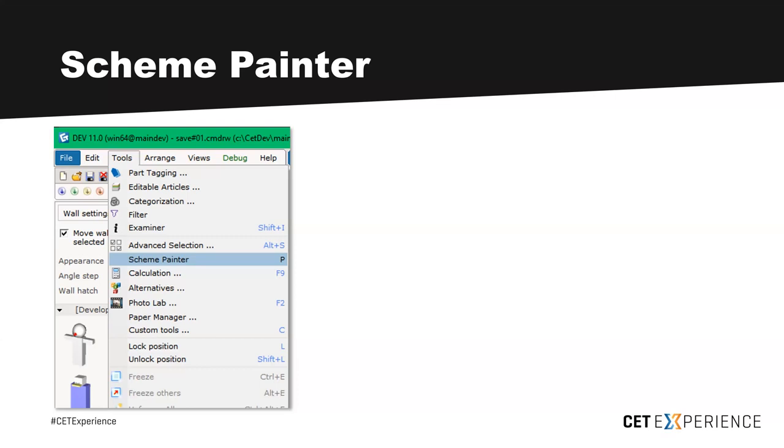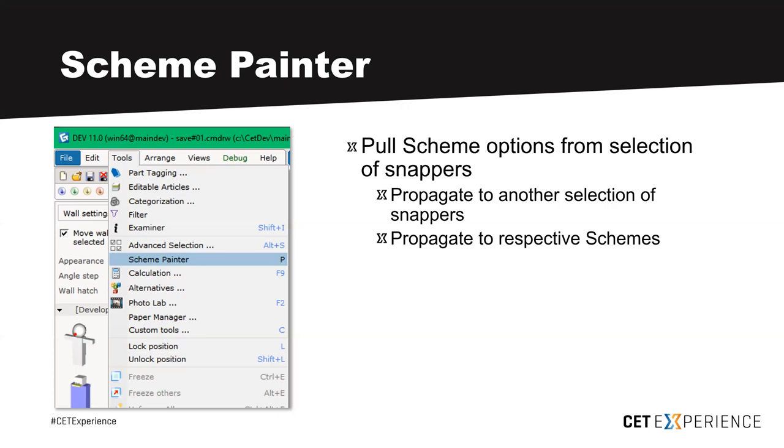So again, like I said, the scheme painter is under the tools menu. What you're going to want to use the scheme painter for is to pull options from a selection of snappers that are potentially from as many different extensions as you want. They potentially are sourced from several different schemes. You pick them all up at once, and then you can push them to other objects in the drawing or even to full prop schemes.